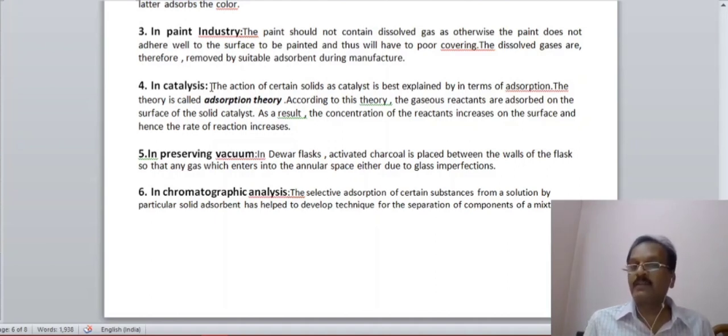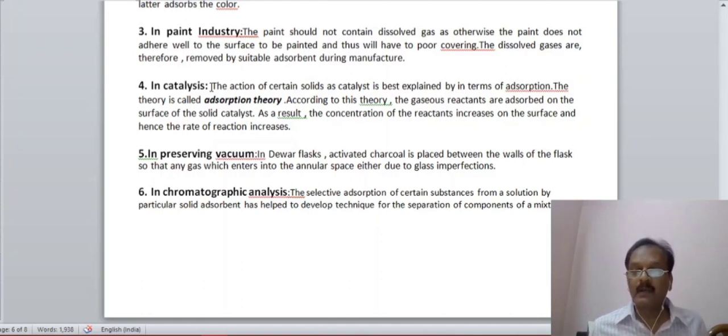After the product is formed and removed, a new surface is exposed for further adsorption. Adsorption continues to take place. Therefore the rate of reaction increases in the case of a solid catalyst. That is, the concentration of reactant increases on the surface, and hence the rate of reaction increases.